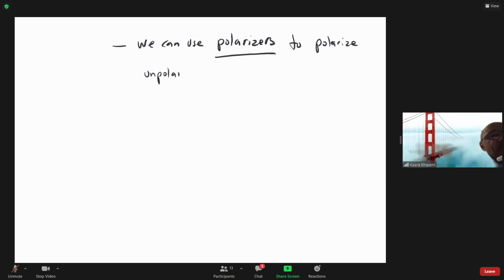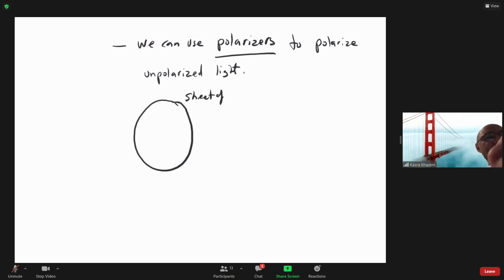Okay? And polarizers are special. There's all sorts of ways you can make a polarizer, but usually it's a sheet of plastic that has been pulled in one direction.